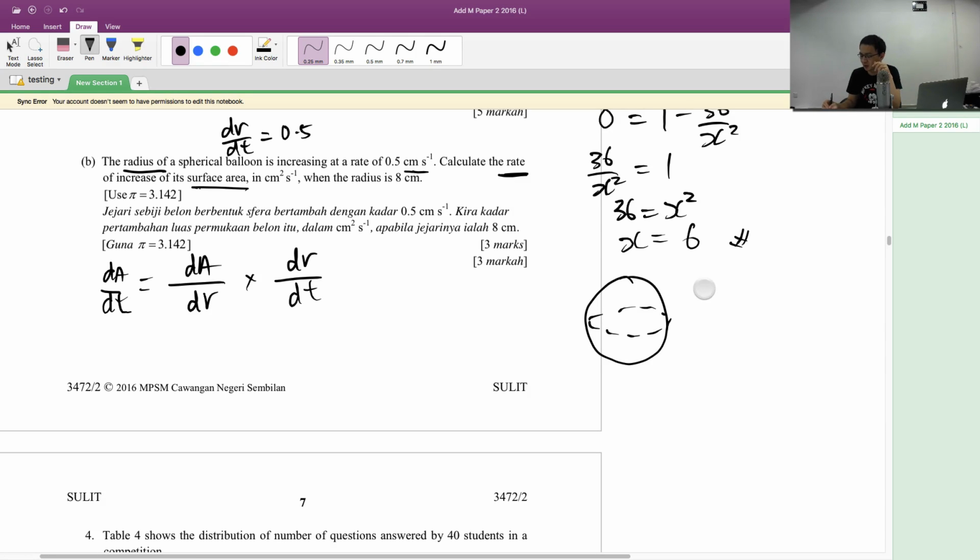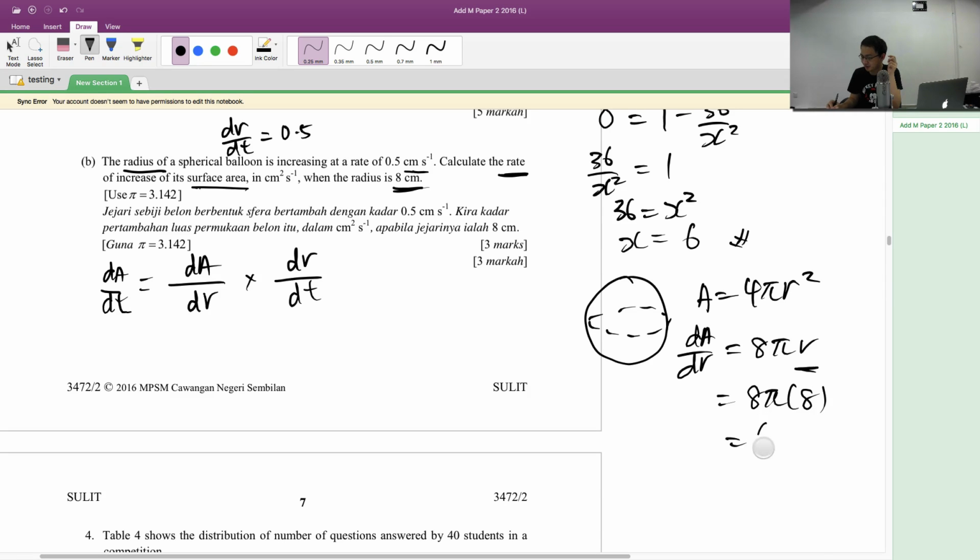So for a sphere, we have the surface area formula, which is 4 pi r squared. I will differentiate this with respect to r, which is just 8 pi r. So what is my r value? The r given is 8 centimeter. So it's 8 pi multiplied by 8, which is 64 pi. So therefore my dA/dt will be 64 pi multiplied by 0.5. So the answer should be 32 pi.